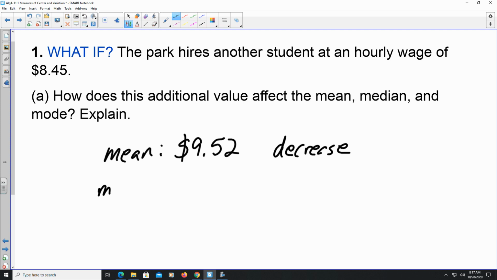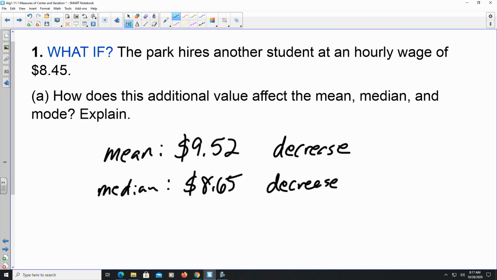The median in this case is going to be $8.65. Again, another decrease. This would be a decrease of 5 cents.